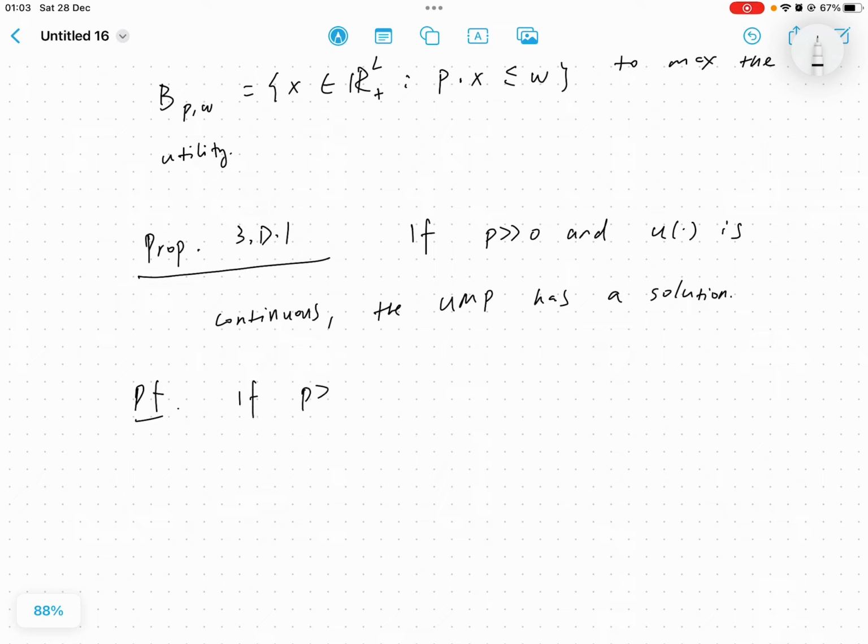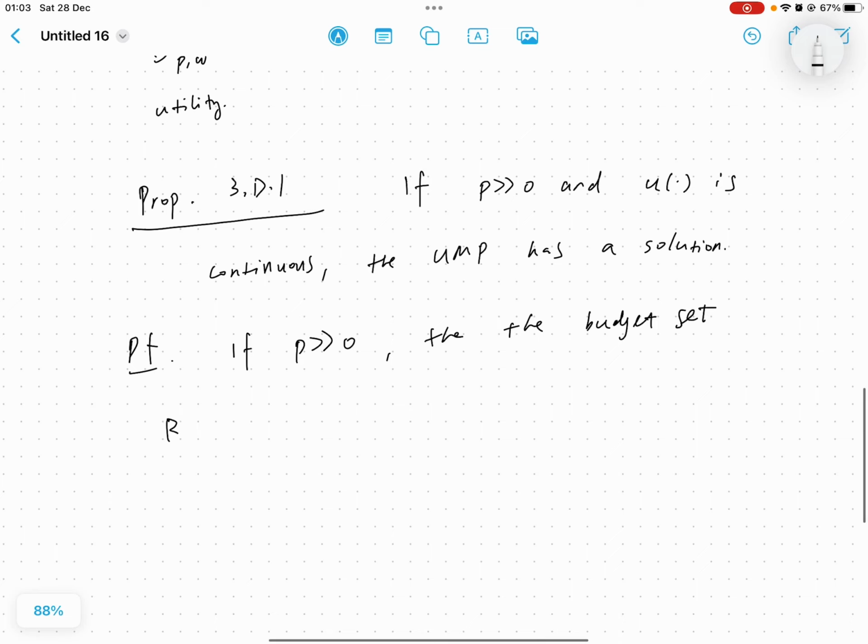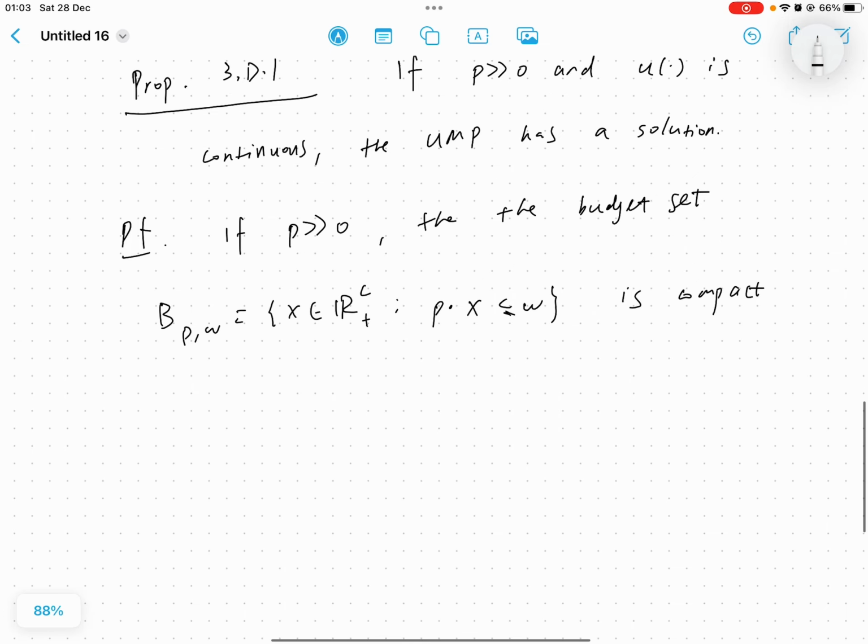So given that this P is element-wise or entry-wise positive, then the budget set B(P, W) in R plus L, P inner product X less than or equal to W. So this budget set, it is compact, okay?